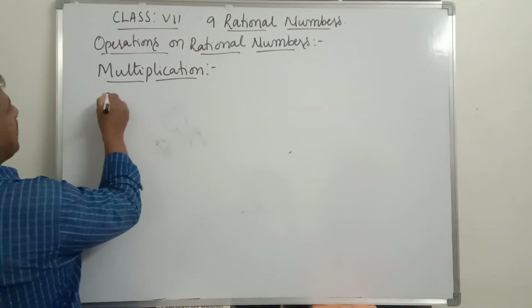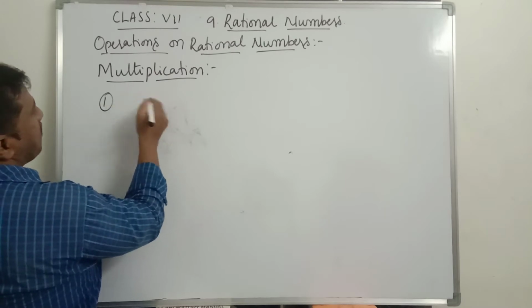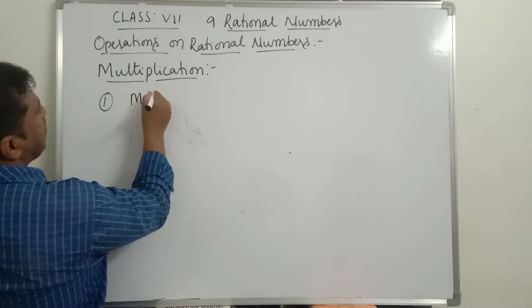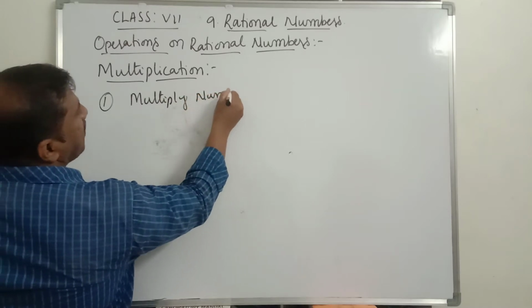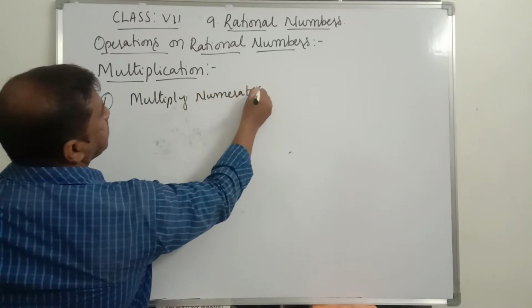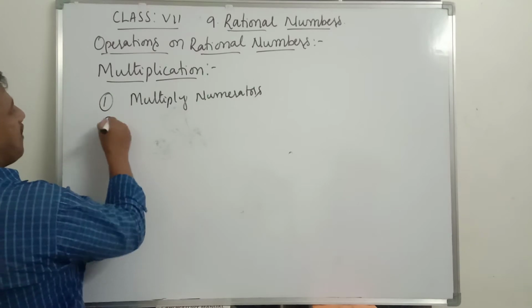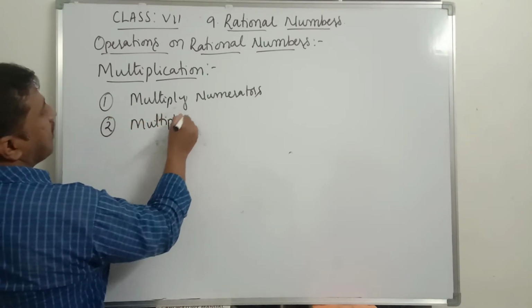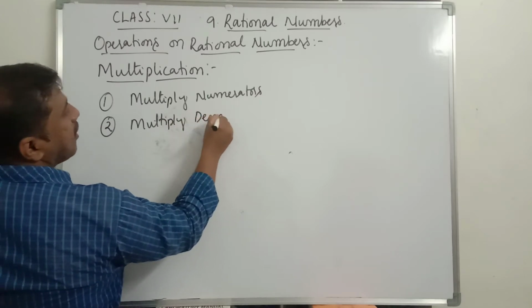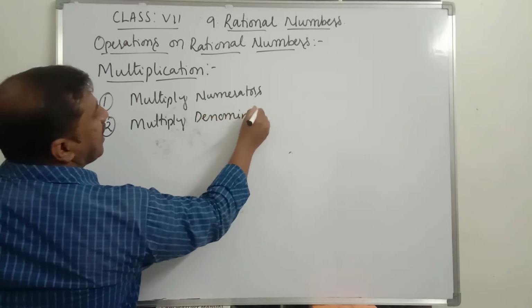Step 1, what is step 1? Multiply the numerators. Then the second step, multiply the denominators.